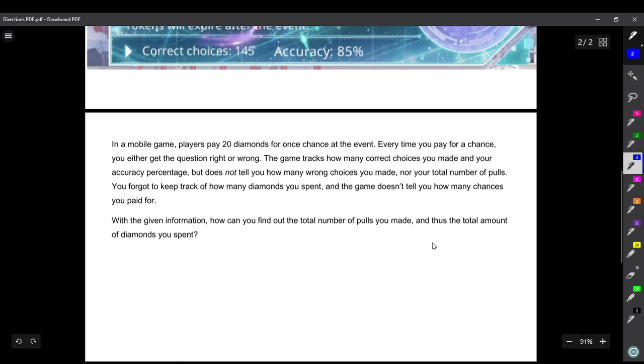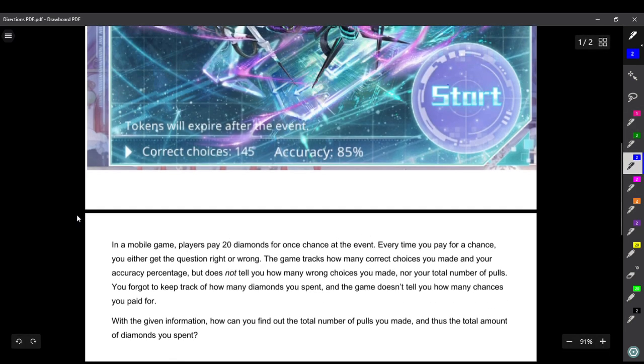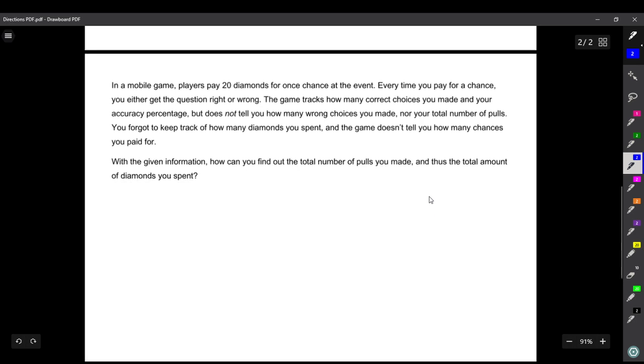So if we look above, my correct choices are 145. My accuracy was only 85%. So essentially what it's saying is 145 is 85% of some number, that number being the total number of pulls that I made.